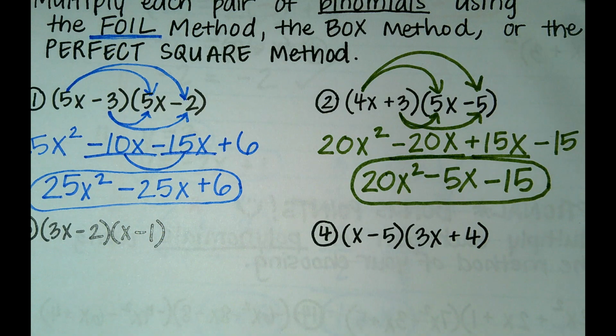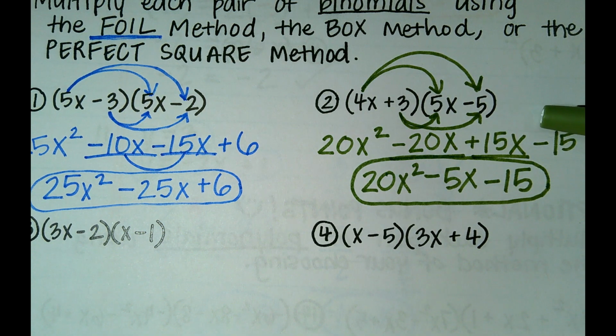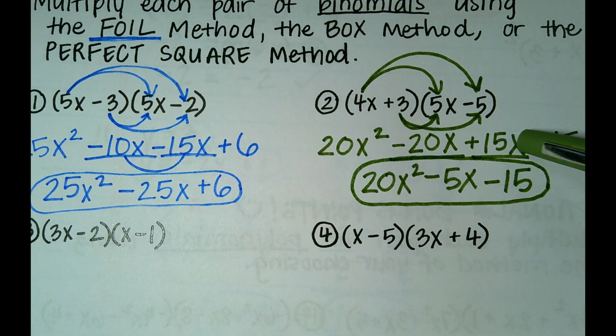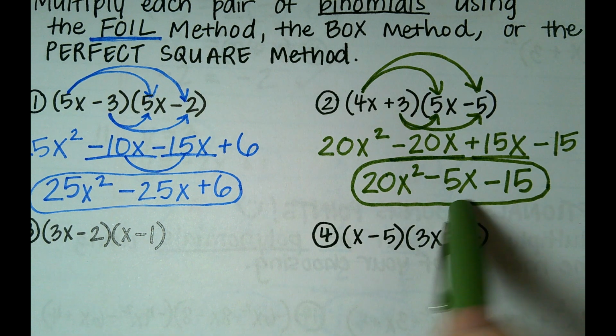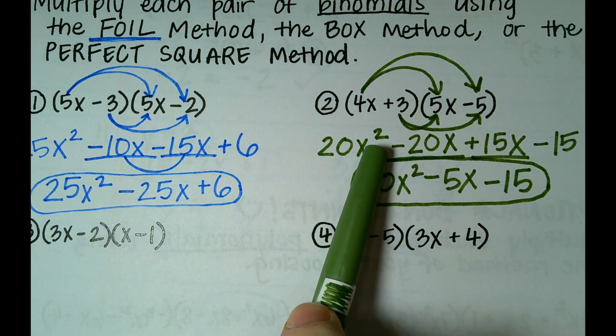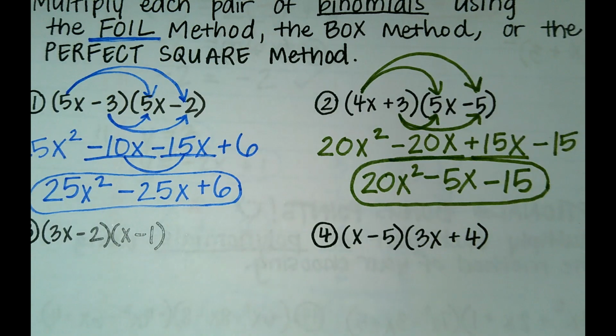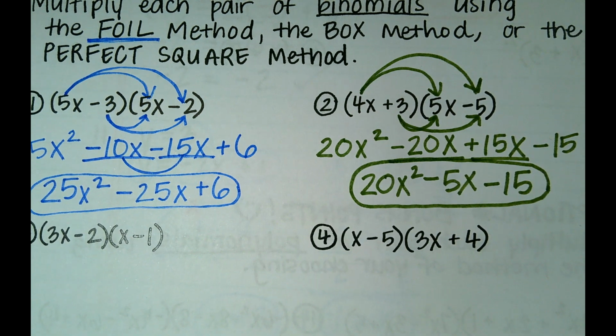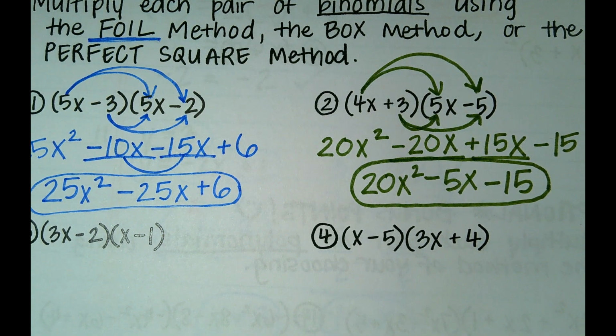So the answer you got for negative 20x plus 15x, is that a negative 15? Negative 5x. So if I start with negative 20 and then I add 15 to it, if we look up at the number line up here at the top with the blue trim, start at negative 20 and then add 15 to it.